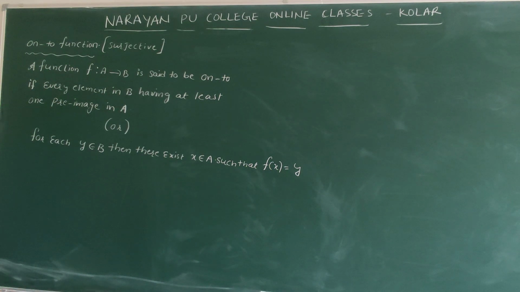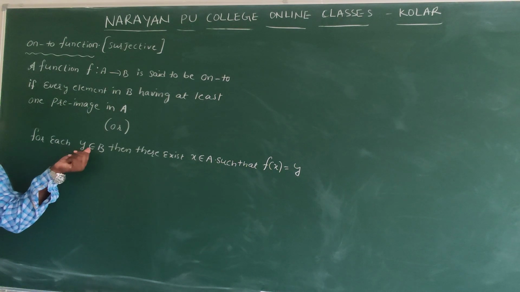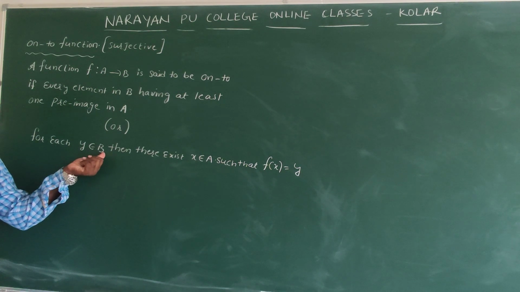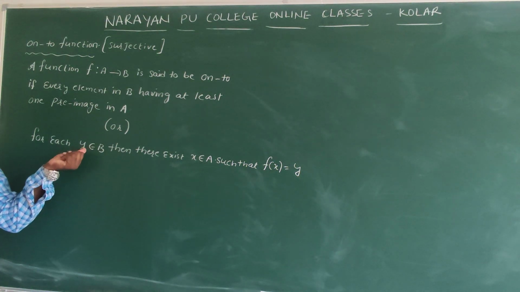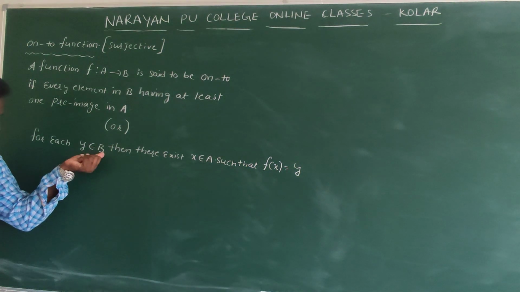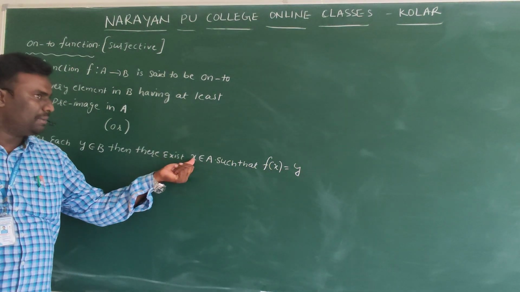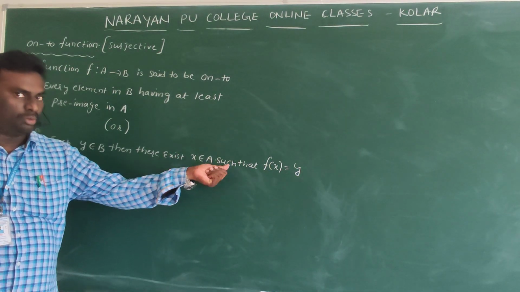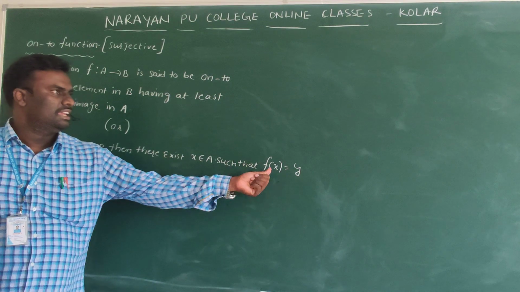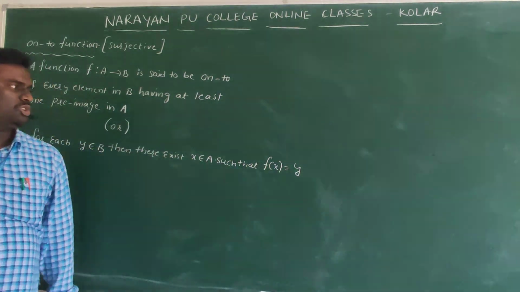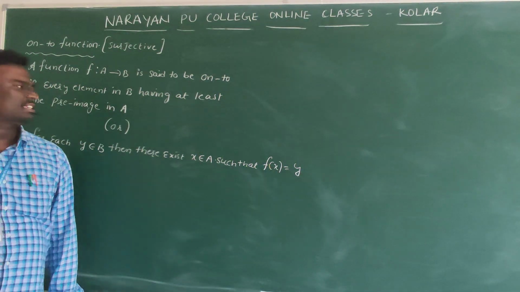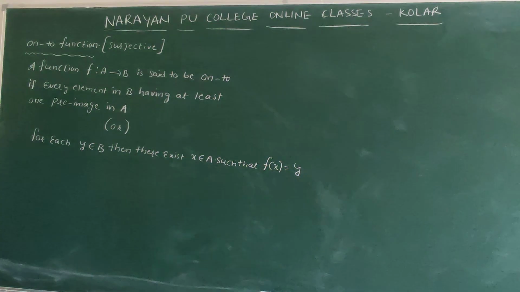It is also a definition for onto function. For each y belongs to capital B is nothing but every element in codomain. Then there exists a pre-image in domain such that f of x equals y. So this is called onto function.